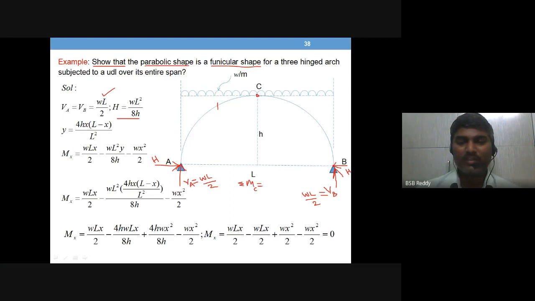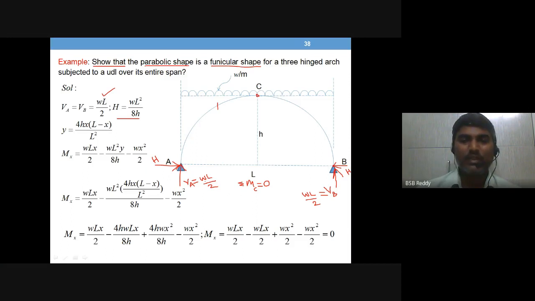I'm again repeating the procedure we have followed in earlier problems. For portion AC, you are applying sum of all moments at C equal to 0 to the left of C, taking the notations as beam notations for moments to identify whether it is sagging or hogging.